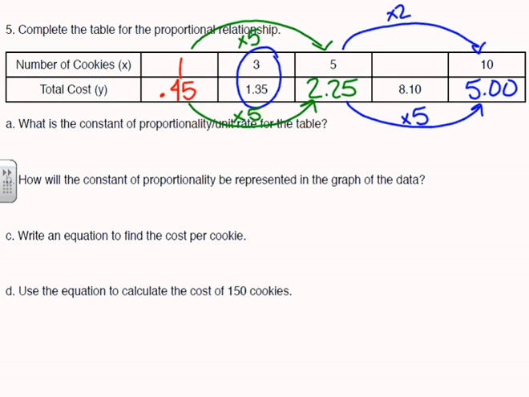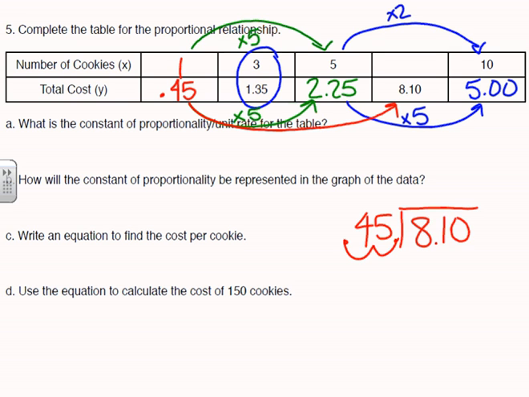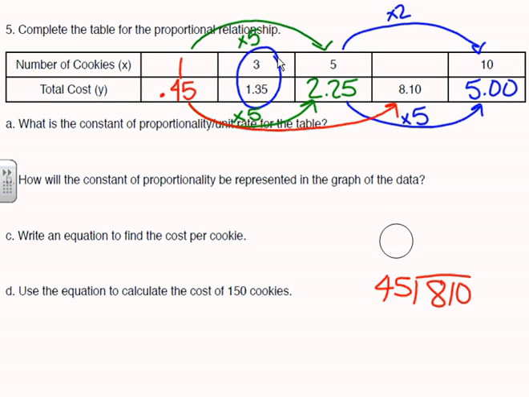Okay, and then my missing one, I need to figure out how many times 45 cents goes into $8.10. So if we divide that, $8.10 divided by 45 cents, we always want to divide by a whole number, so we're going to move this over 2 places. So 810 divided by 45. Okay, 45 goes into 81 one time.